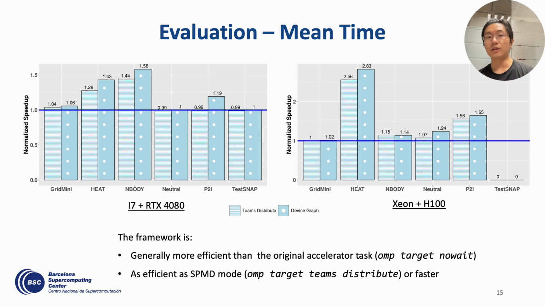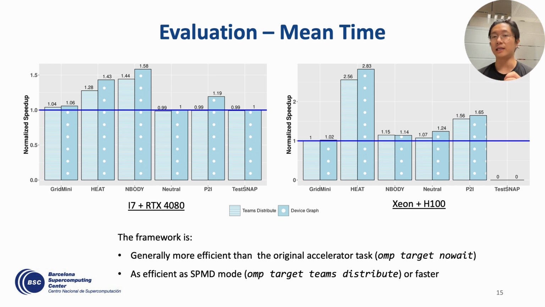Generally we show that our bars, the device graph, have a better normalized speedup than teams distribute, which is like the for construct on the device. The baseline here, the blue horizontal line, corresponds to the vanilla tasking model on the device.